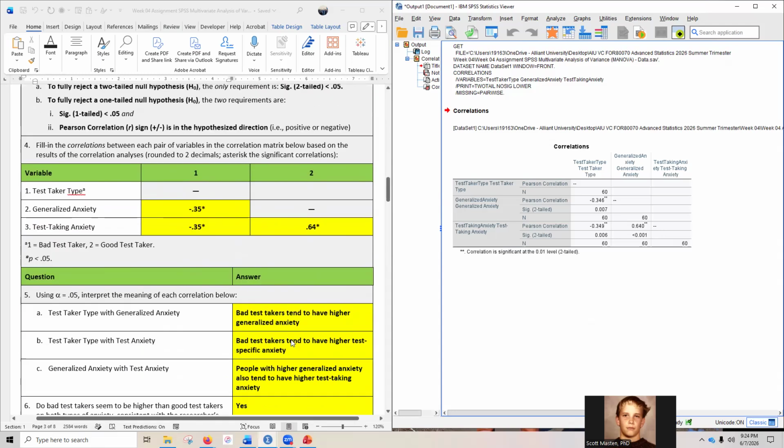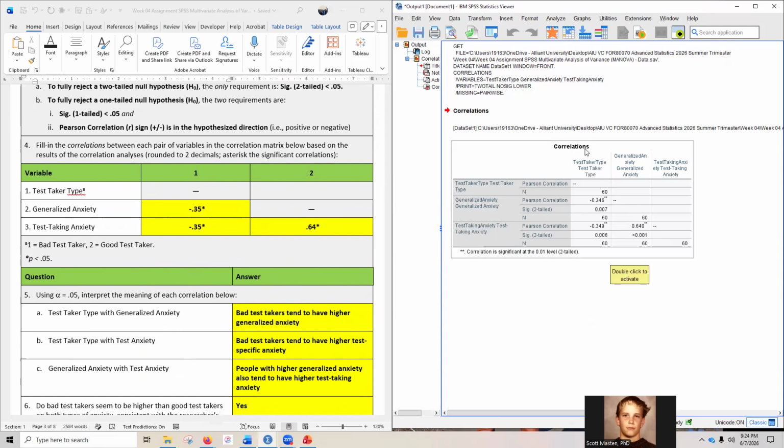All right, so let's interpret the meaning of each correlation below. First, test taker type and generalized anxiety. It's negative 0.346, which we rounded to negative 0.35. So that means as this goes up, because it's a negative correlation, this one goes down.